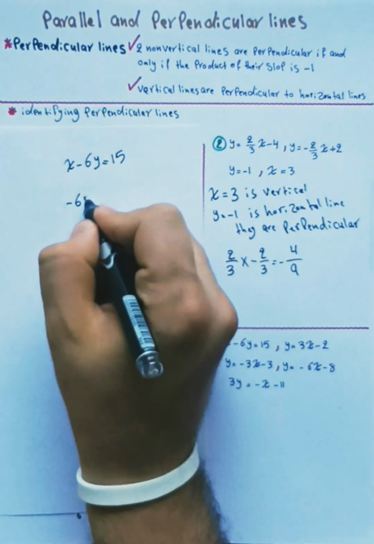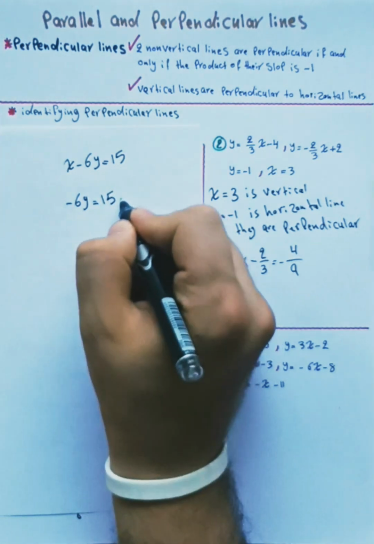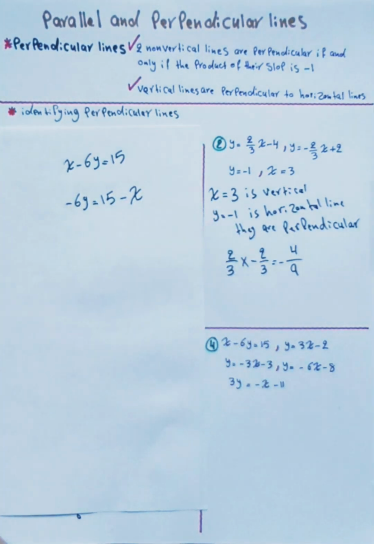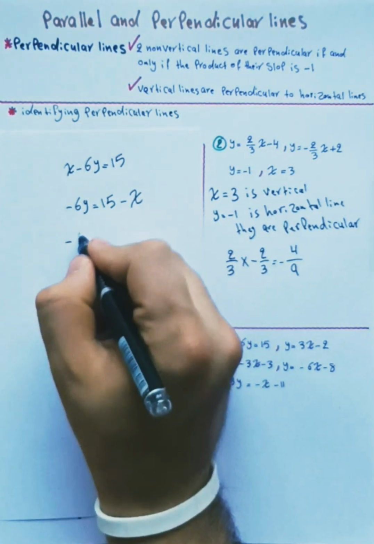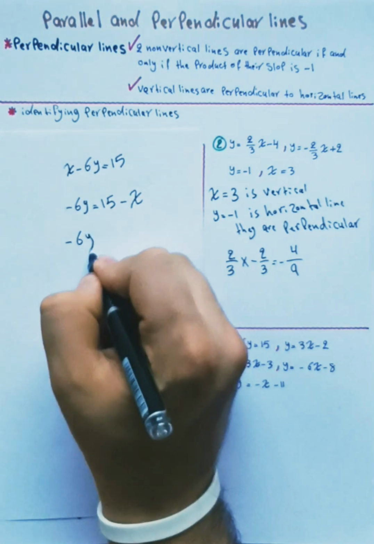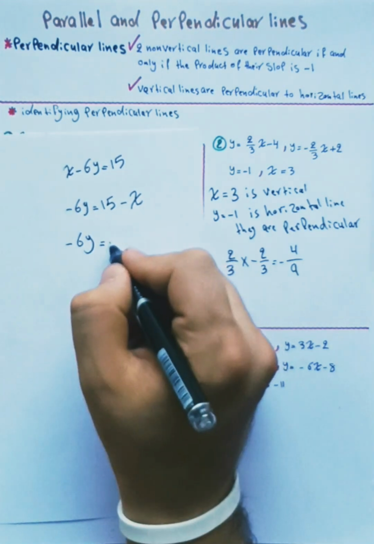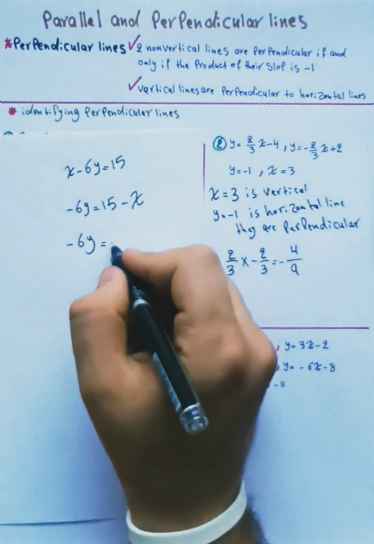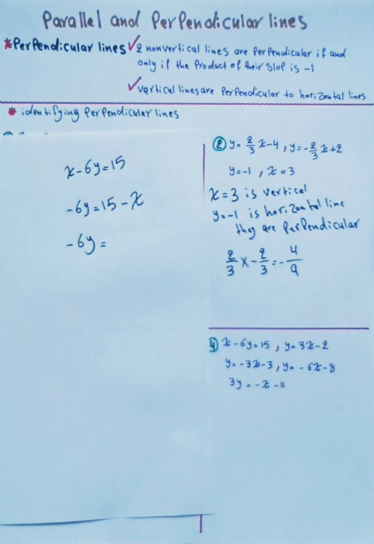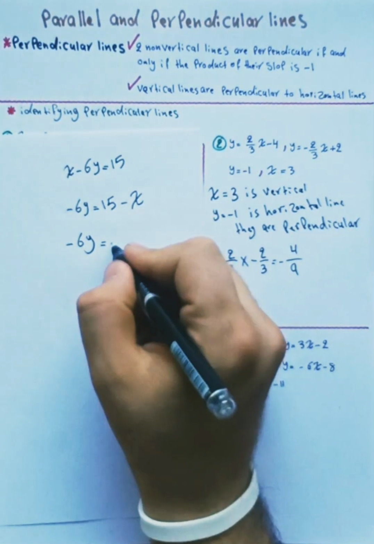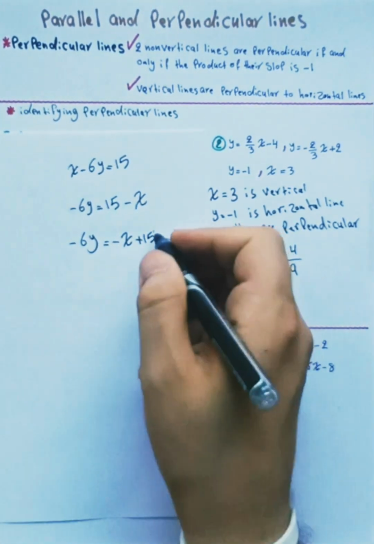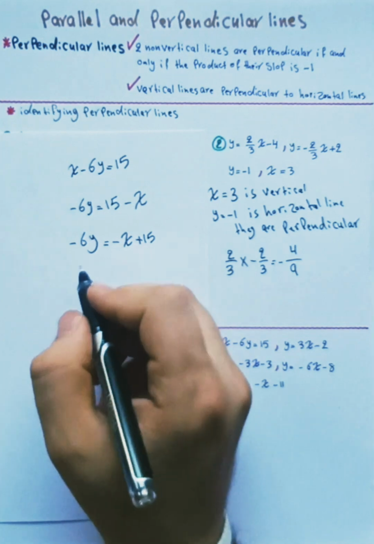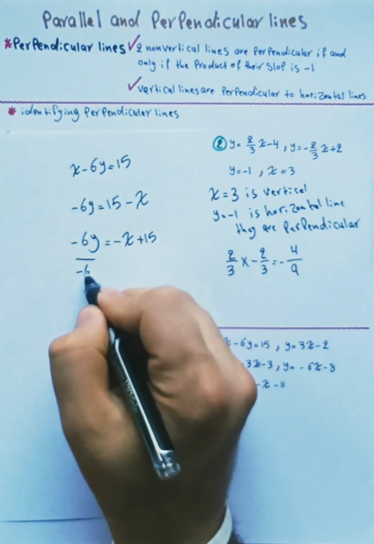So you have -6y equal to 15 minus x. After that, we can rewrite this equation like that: -6y equal to -x plus 15. After that, we have to solve for y, divide both sides by -6.